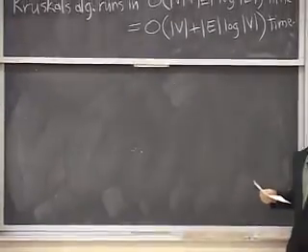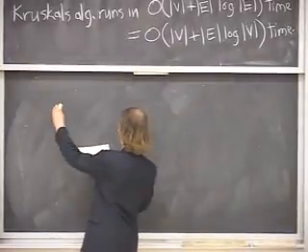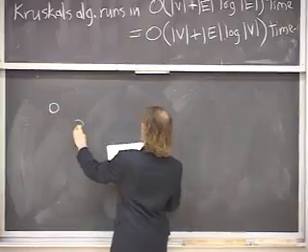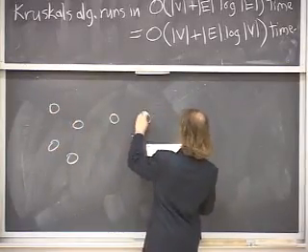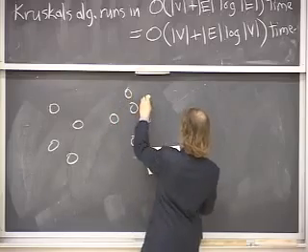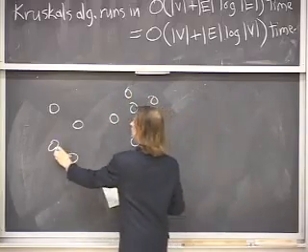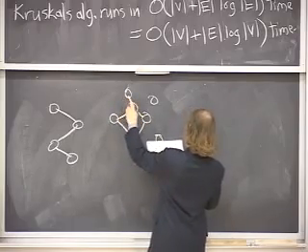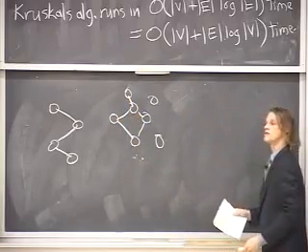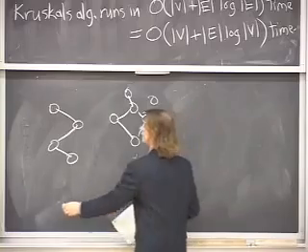So suppose I have my graph. Now, this graph is the graph T in progress.